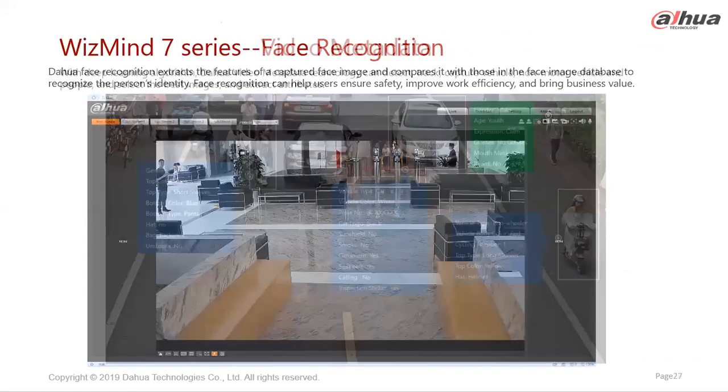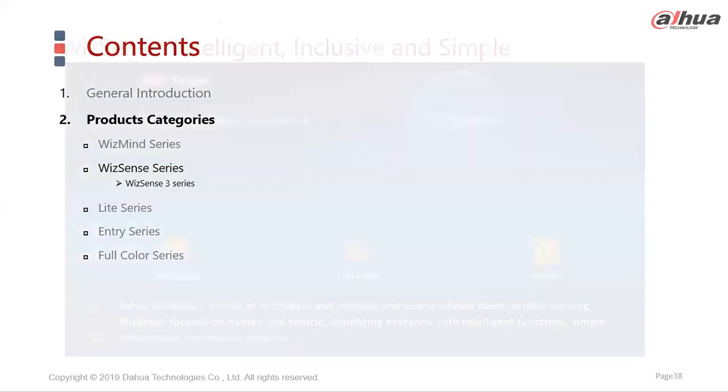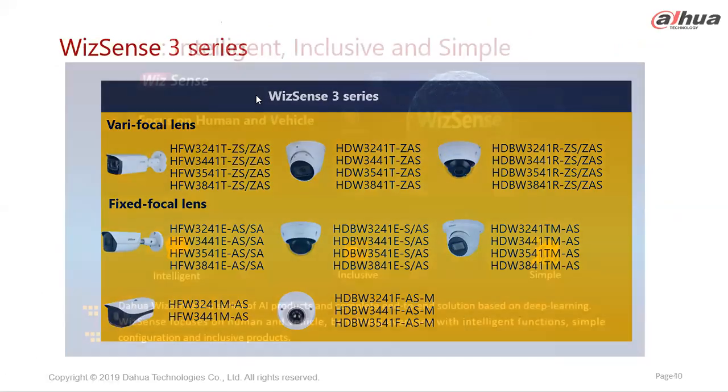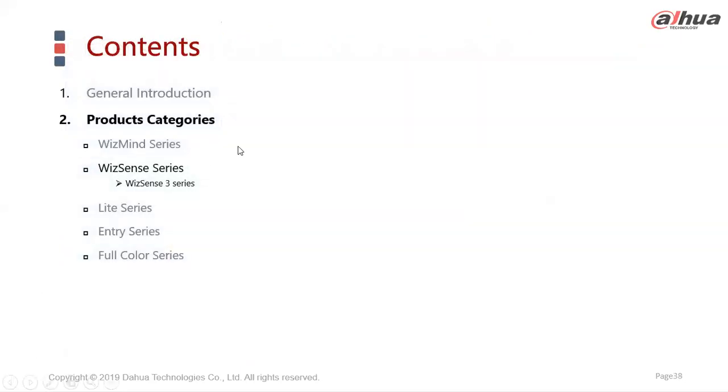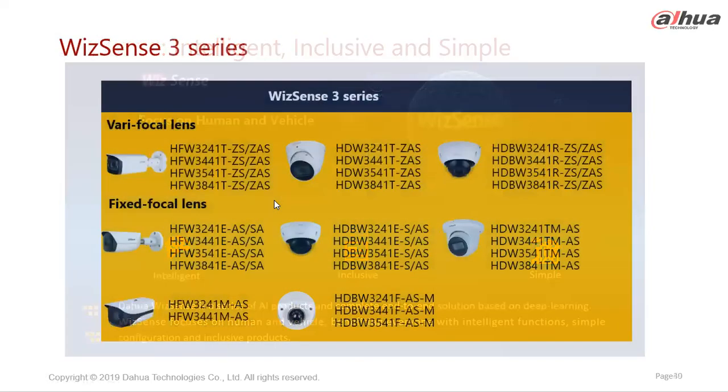Okay, let me just go through the WizSense 3 cameras. So we have WizMind 5 and WizMind 7, then WizSense 3. With WizSense 3 cameras, all cameras that you are purchasing, whether bullet or dome, with 3, we are going to explain what the functions are.